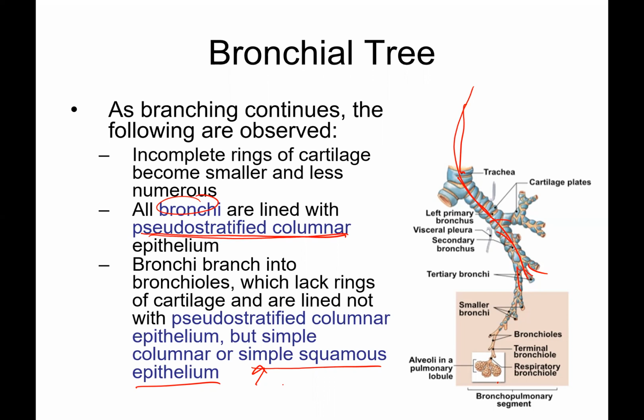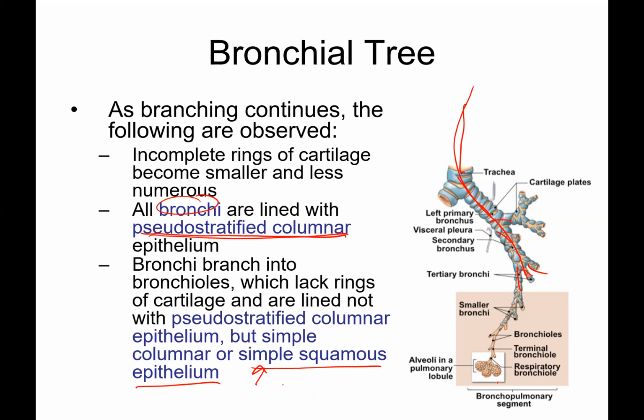So that's why when you look in the body, back to your histology stuff, everything that has to do with diffusion, absorption, and secretion is thin. Simple squamous, simple columnar, simple cuboidal. All those have a function of either diffusion, secretion, or absorption.